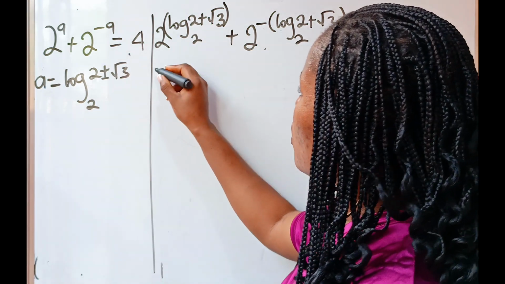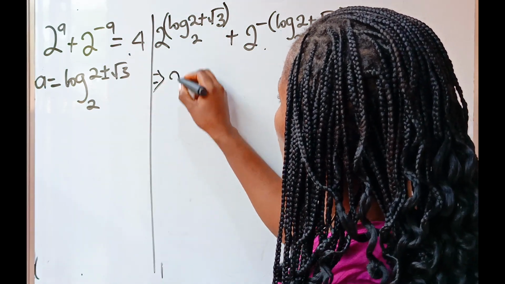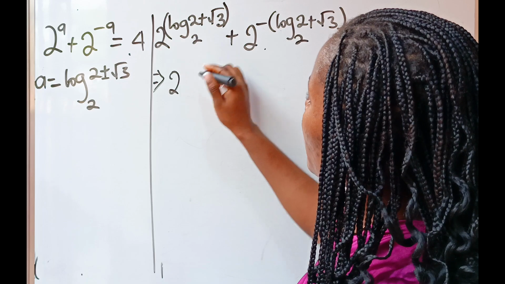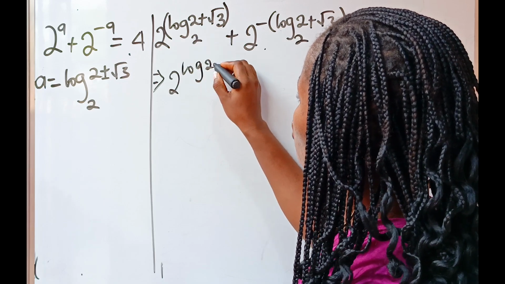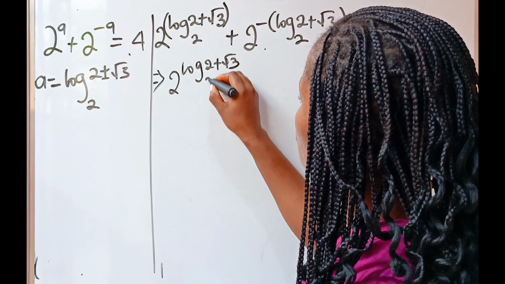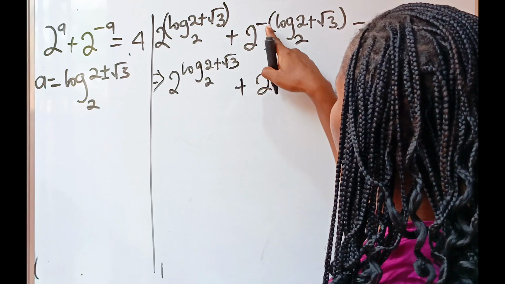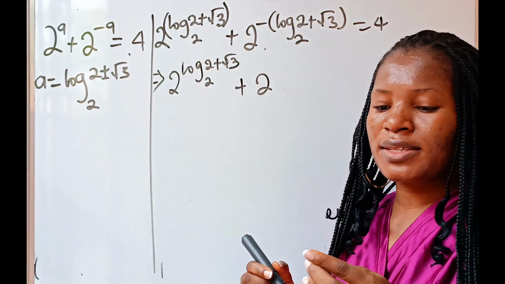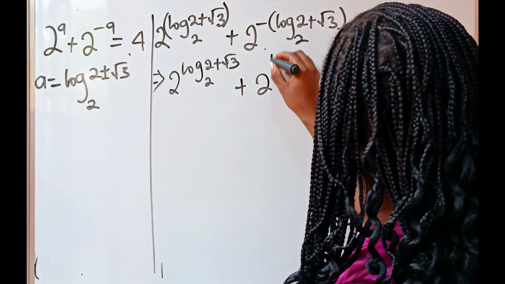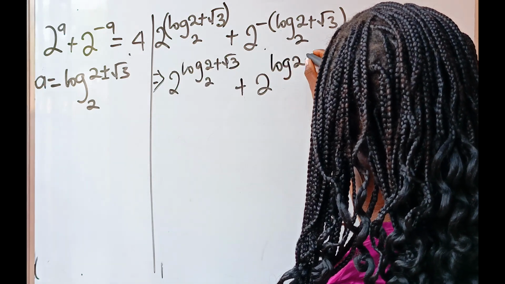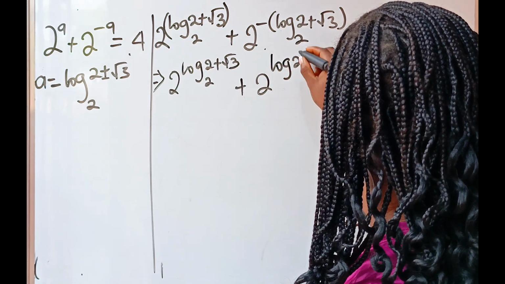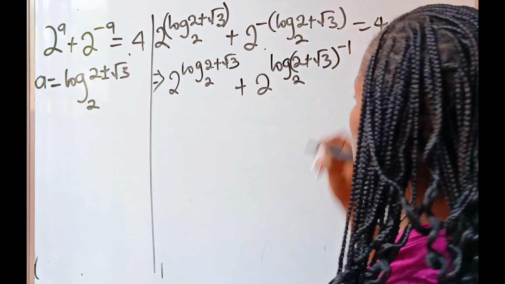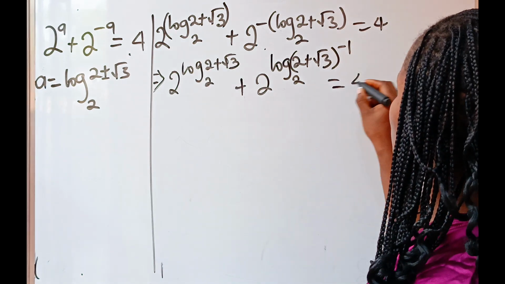All right, so we have that 2 to the power of log 2 plus root 3 base 2 plus 2. Now minus we turn to become the power using the power rule, right? Yes. So we now have log 2 plus root 3 to the power of minus 1 base 2, okay, is equal to 4.